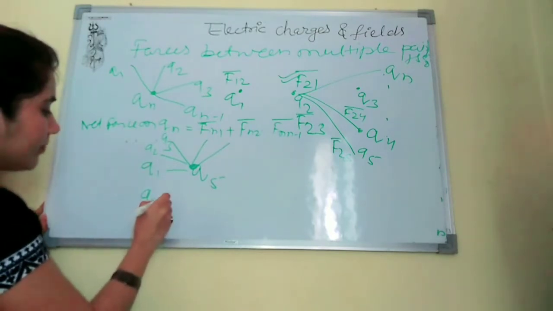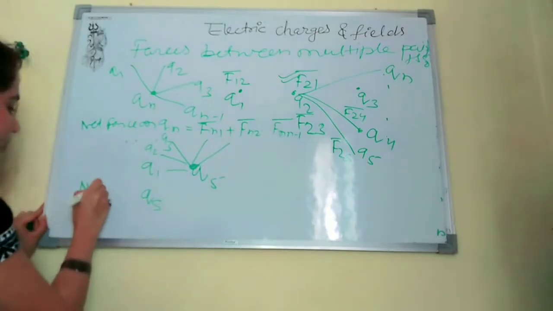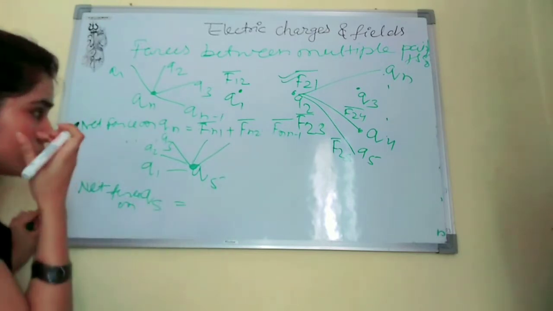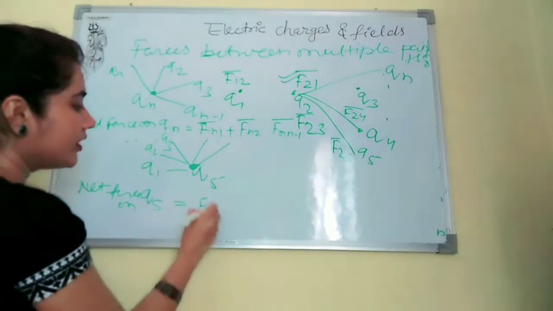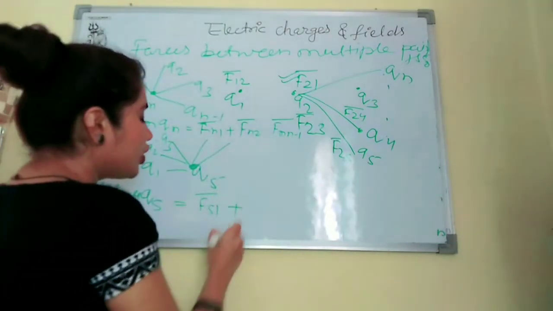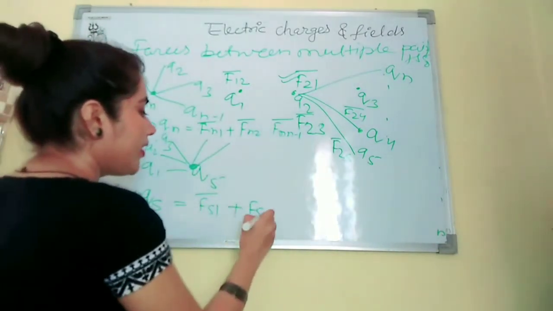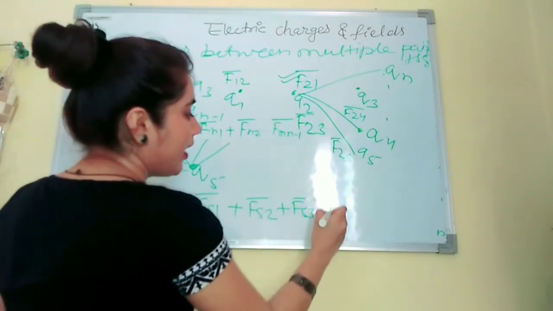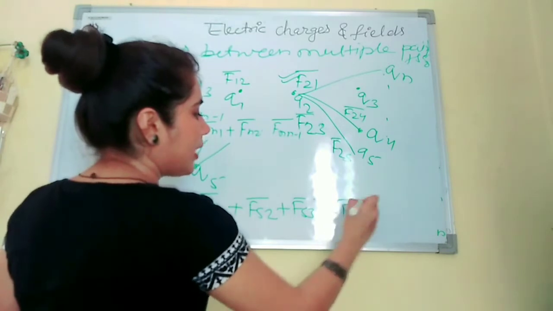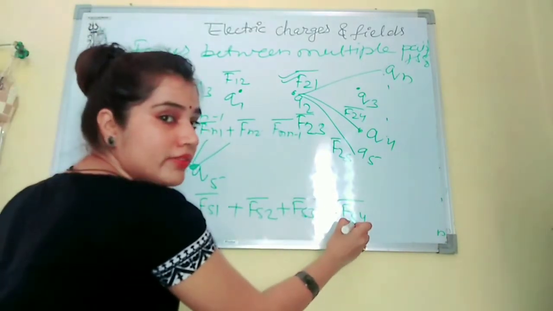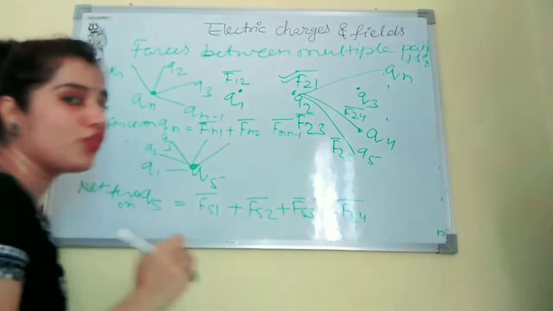The net force on Q5 equals the vector sum of all forces: F51, F52, F53, F54. Here n is 5, n minus 1 is 4.